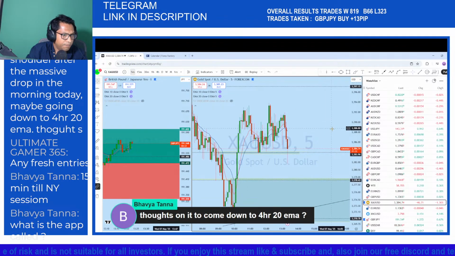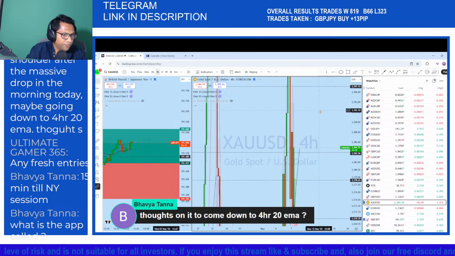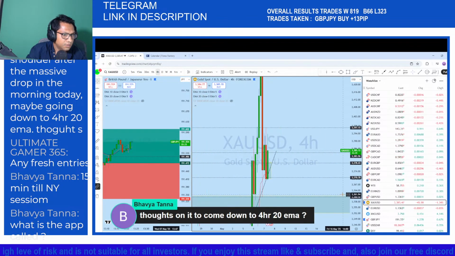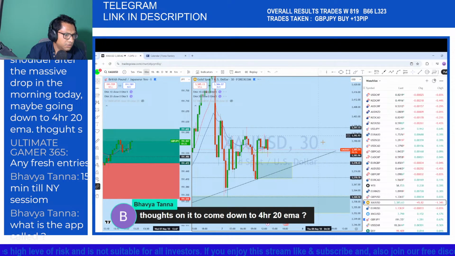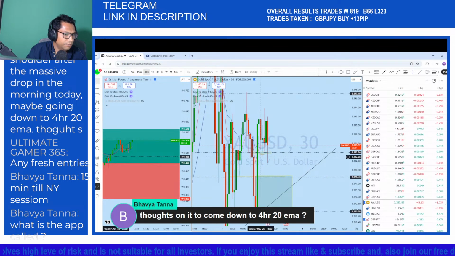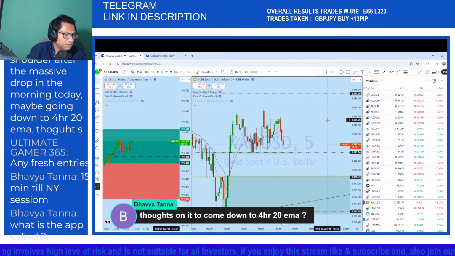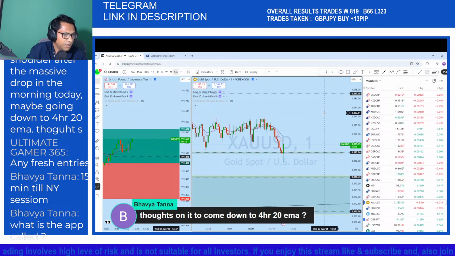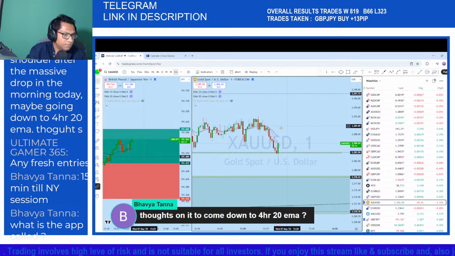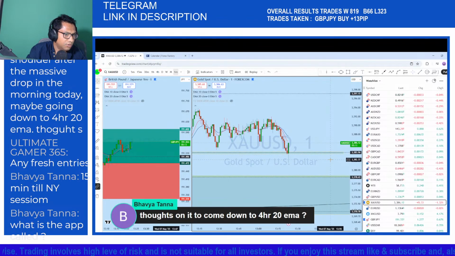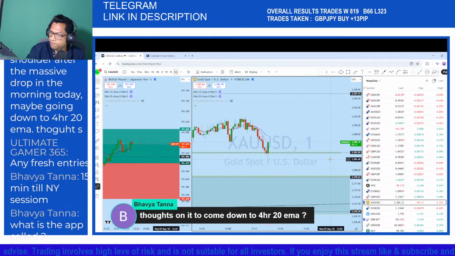Looking at the 4-hour, 30 minutes, very important candle, 15 minutes, 5 minutes, and here is the impulse on the lower time frame on the 1-minute chart.